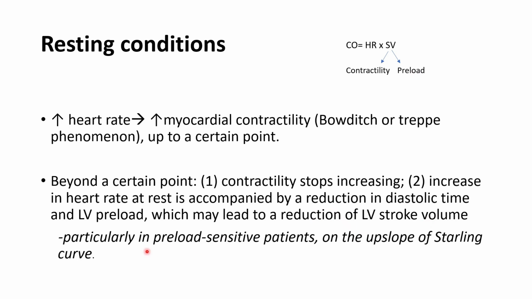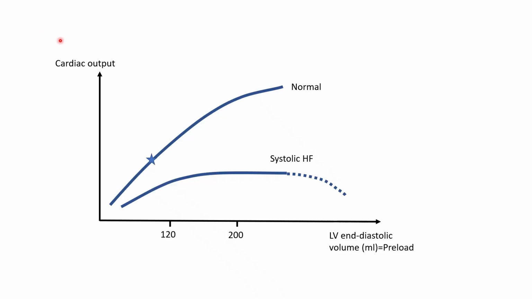This is particularly true in preload-sensitive patients on the upslope of the Starling curve. This is the Frank-Starling relationship, which is cardiac output versus preload volume, not pressure, meaning LV end-diastolic volume. If you are a normal individual and you are at some point on the steep upslope, you are more sensitive to preload reduction by tachycardia compared to if you're up here on that curve.